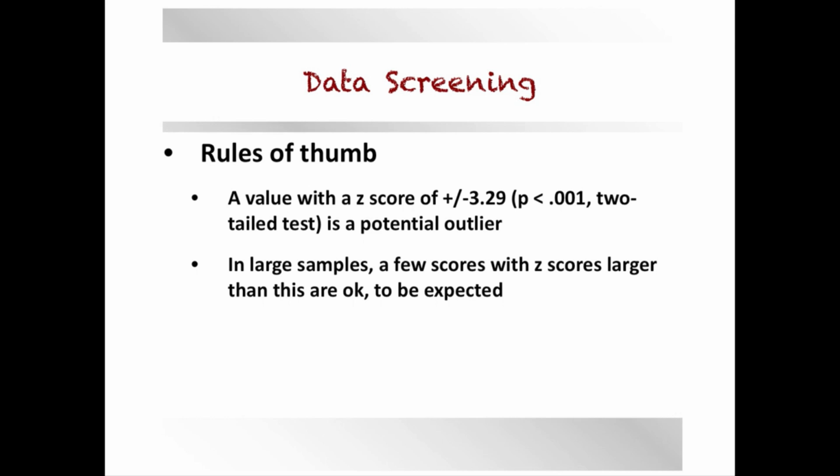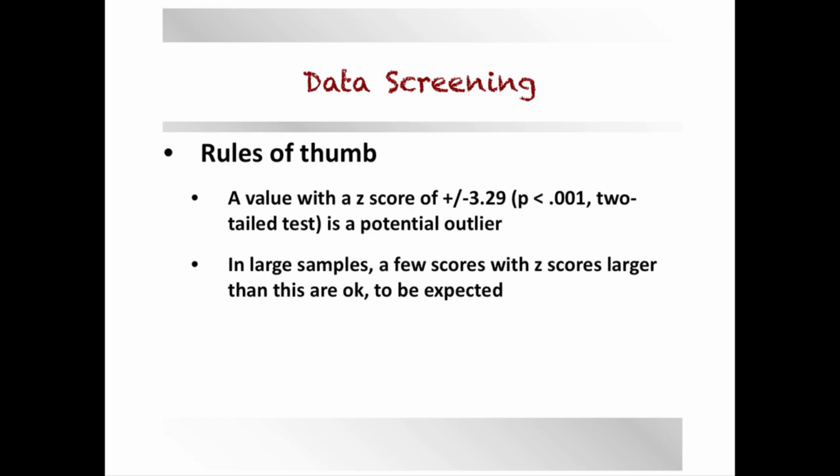If you have a positively skewed variable, you look at your highest value. If you have a negatively skewed variable, you look at your lowest value. And then you calculate the z-score for that particular value. So you take that value, subtract the mean on that variable, and divide by the standard deviation.